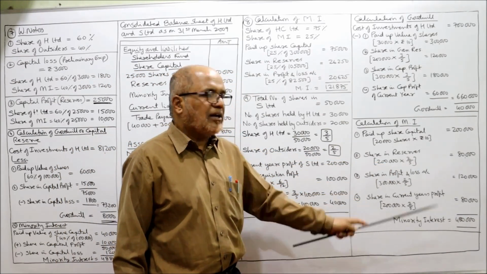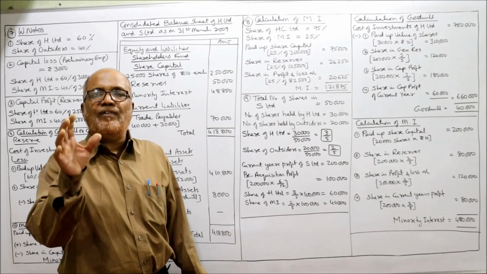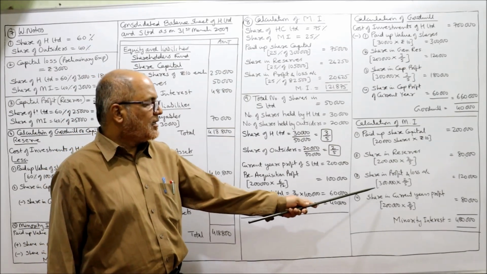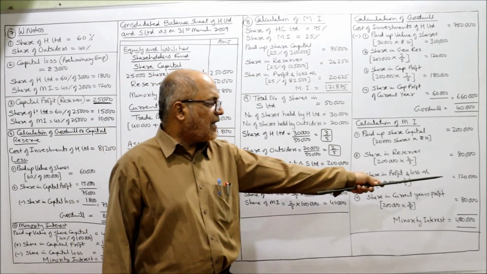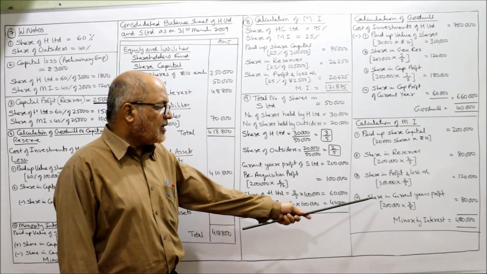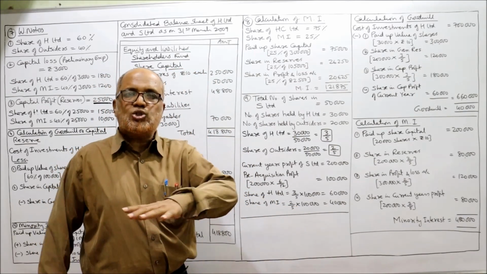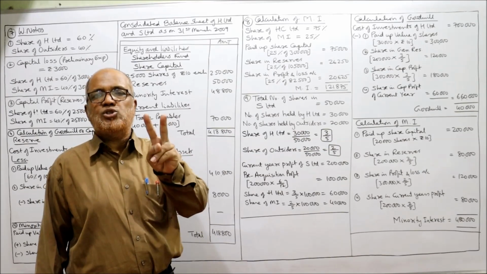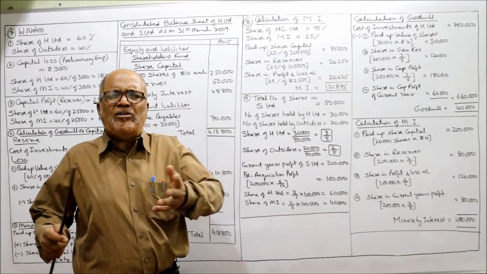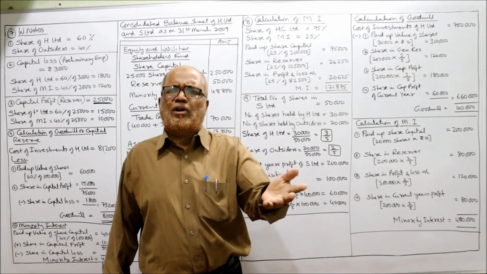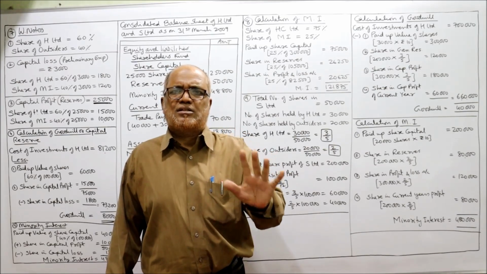Then share in profit and loss account. The profit and loss account of S Limited is 3 lakh into 2 by 5, 1,20,000. Share in current year's profit. Current year's total profit is 2 lakh rupees. Minority interest is not concerned about capital profit or revenue profit. They want the profit, that's it.